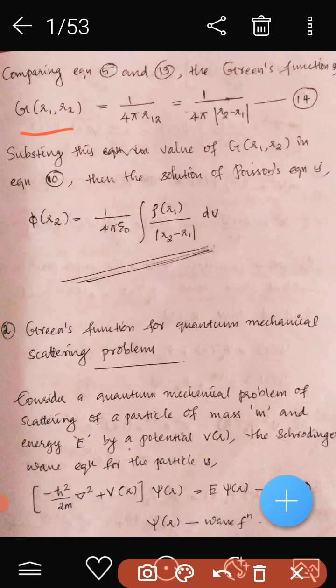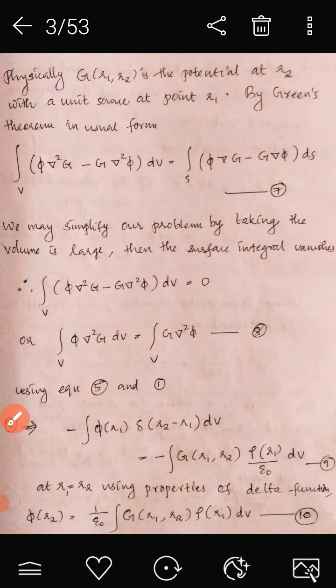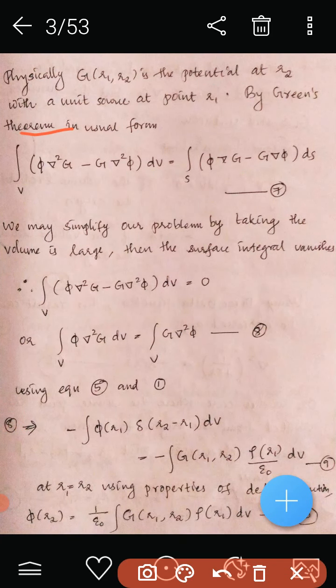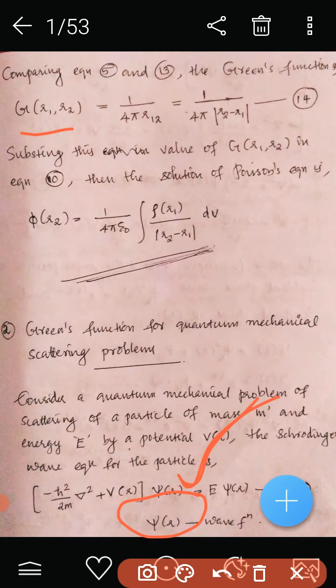Now we can substitute the value of g of r1 r2 in equation number 10. In this equation, we didn't know the value of g. From this onwards, we found the value of Green's function. So we substitute the value of g here in equation number 10. Then we get phi of r2 is equal to 1 by 4 pi epsilon 0 integral of rho of r1 by modulus r2 minus r1 into dv.